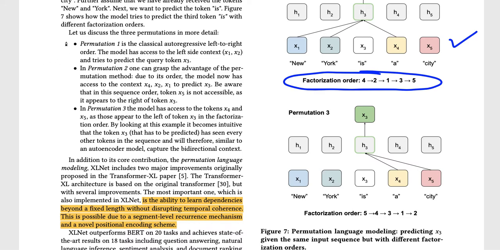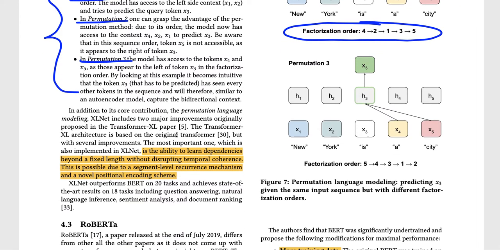The logic behind the jumble is given here, permutation 1, 2 and 3. Essentially, they are jumbling up the words and still trying to predict the masked token. In a way, that captures the dependency, or it tries to come out of the independence assumption. That is the way they have fixed it. So that is about permutation language modeling.